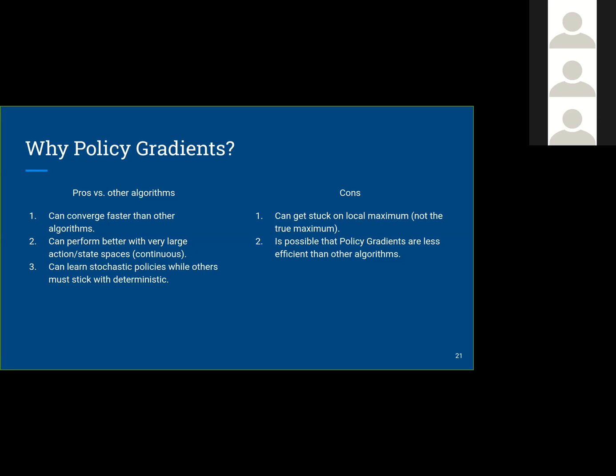And of course, it is possible that policy gradients might not be the best technique to use in this problem. So it is your job as a machine learning scientist to experiment and find the best strategy to use. But that applies to all strategies. So let's move on.